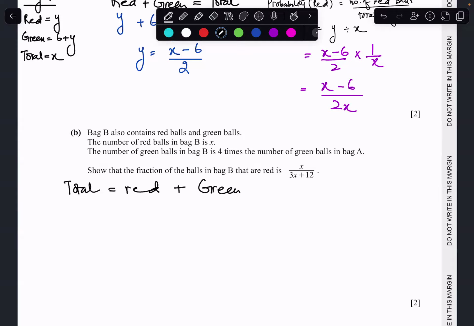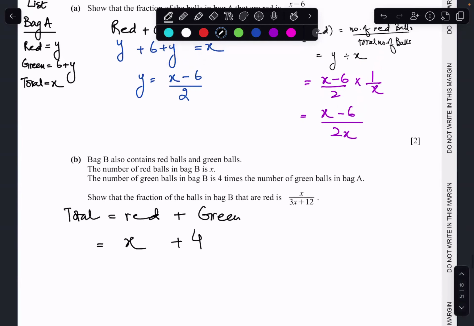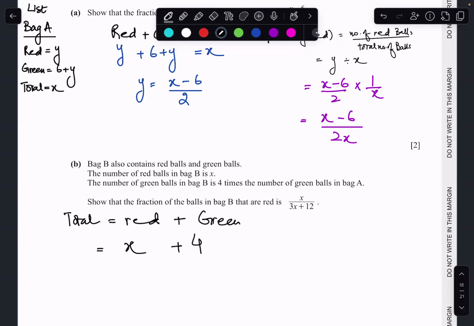And over here, they are saying that the red is X and green is 4 times the number of the green balls in bag A. So what was the number in bag A of green balls?